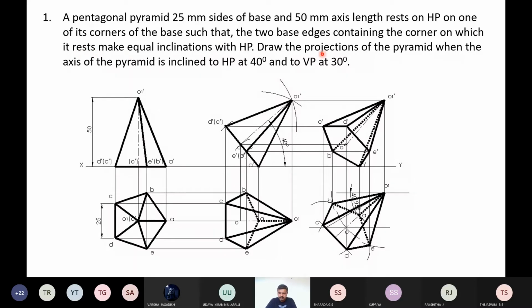In the case of projection of planes also, if it is resting on HP on one of the edges or corners, initially we used to keep the complete plane on HP. What was the reason? Why were we keeping the complete plane on HP if it is resting on HP in the initial position?